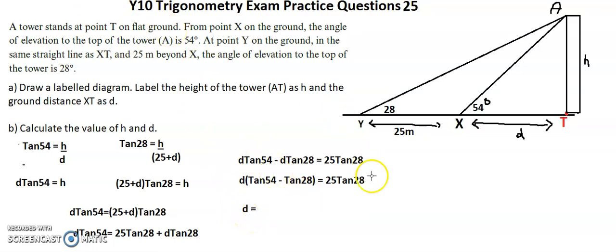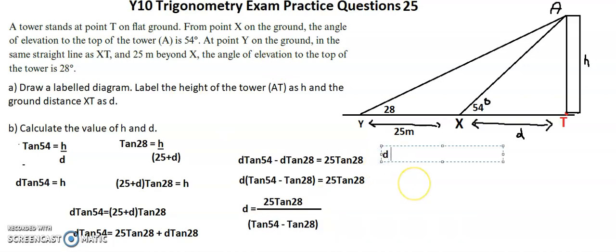So we need to do the opposite of times, which is divide. I'm going to divide both sides by tan 54 take away tan 28. Now I've got D by itself, and I can finally solve this.